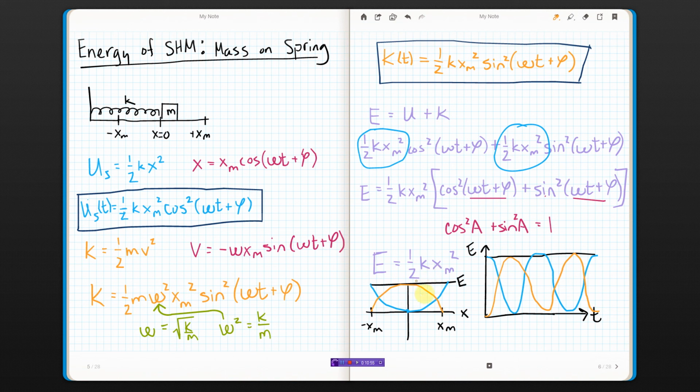So kinetic energy, that's kinetic. I color-coded them, but I should make that more explicit. There we go. Kinetic is max at x equals 0, and 0 at the maximum displacements, while potential is 0 at x equals 0 and maximum at its maximum displacements.